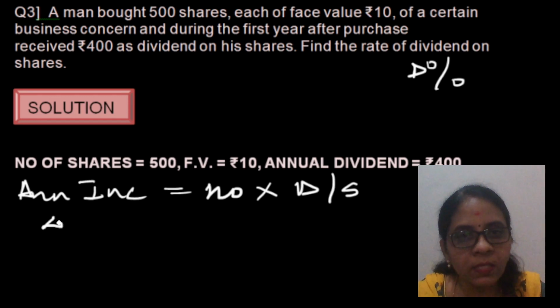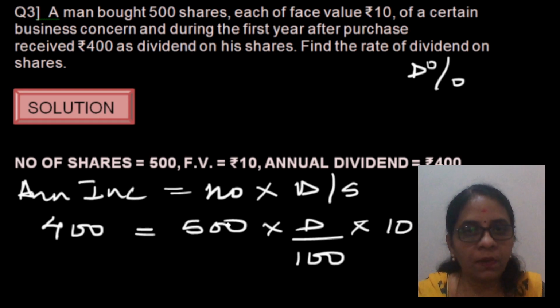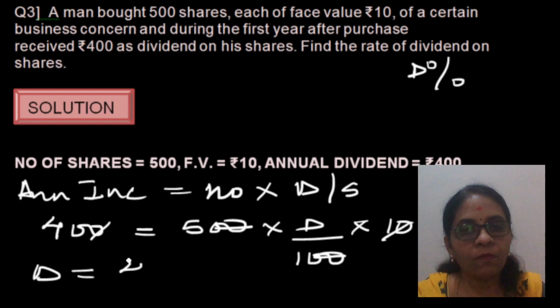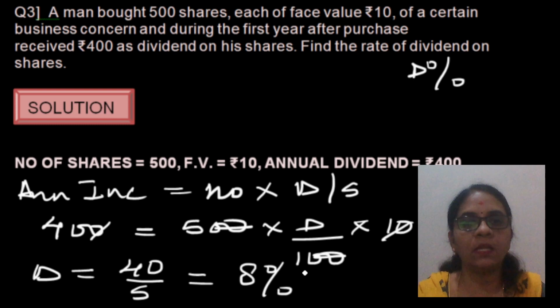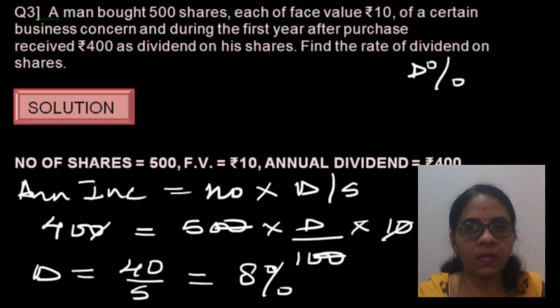Annual income is 400, number of shares is 500, D per share is D percent, D by 100 into FV into 10. Now if we simplify, these two zeros and these two zeros get cancelled, this 0 and this 0 get cancelled. So we have D is equal to 40 by 5, that's equal to 8%. This is the dividend percent, a very simple sum.